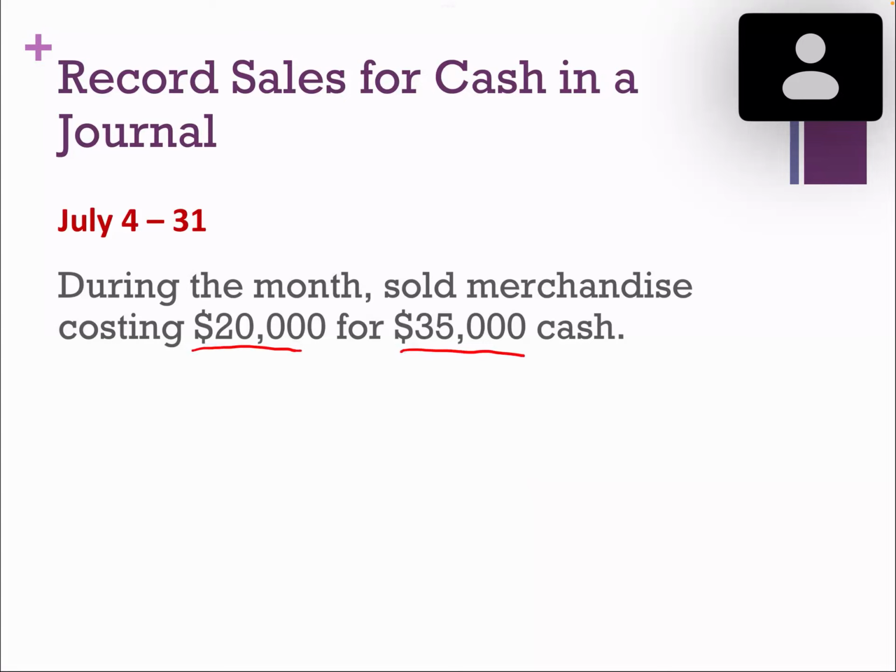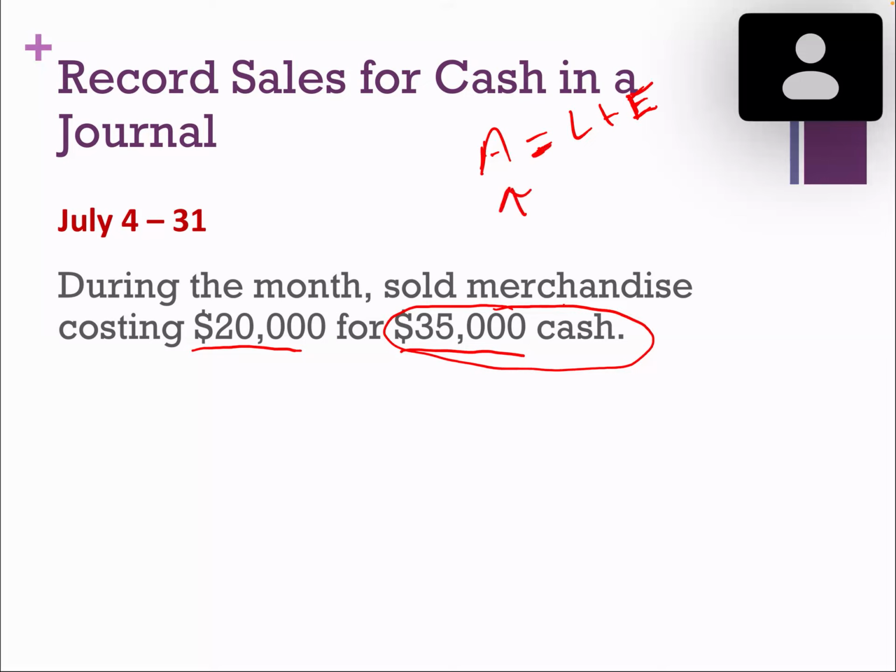Okay, so let's just think through this one first. What we sold it for. So assets equals liabilities plus equity. Okay, so think about it. We sold it for cash, so our assets are going up. Is there a liability?